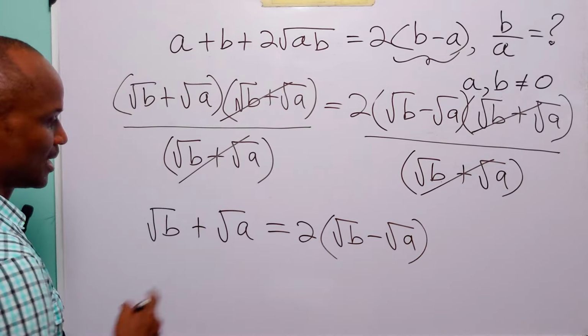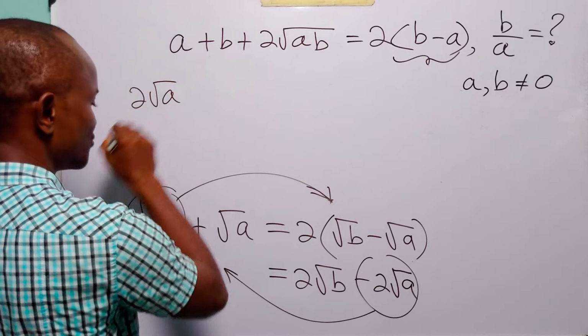Now let us open this bracket. This is equal to 2 root b minus 2 root a. Now let us collect like terms. Let us bring this over to the left hand side, and let us take this over to the right hand side.